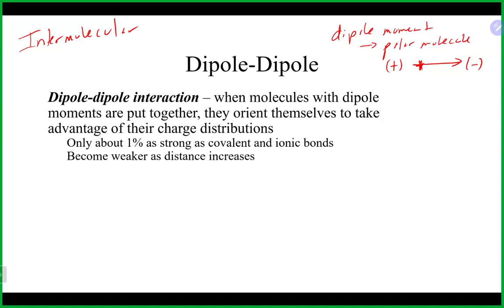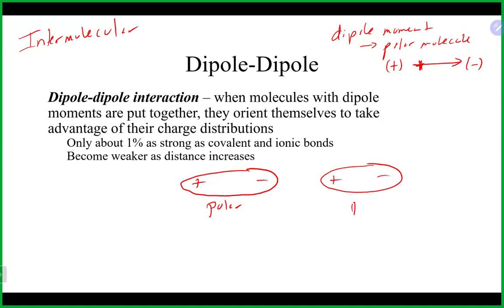So dipole-dipole interaction is an interaction between basically two polar molecules. So if you have a polar molecule, again, there's going to be this distribution of charge. So you will have a positive side and a negative side with a polar molecule. And you will have another polar molecule that has a positive side and a negative side.